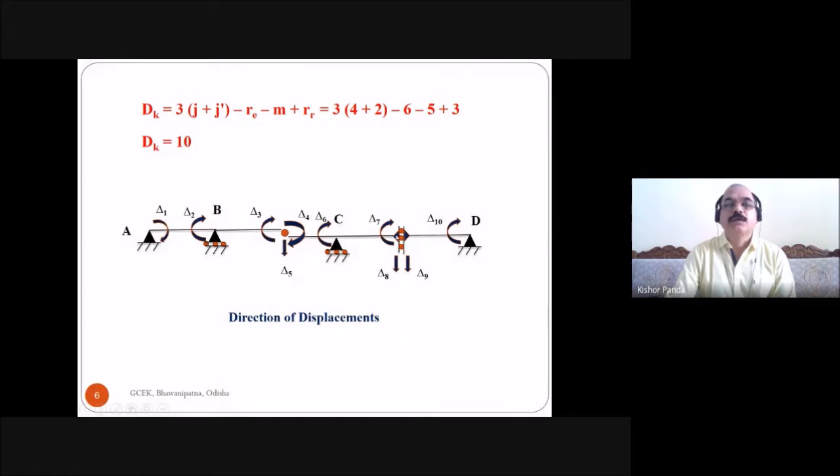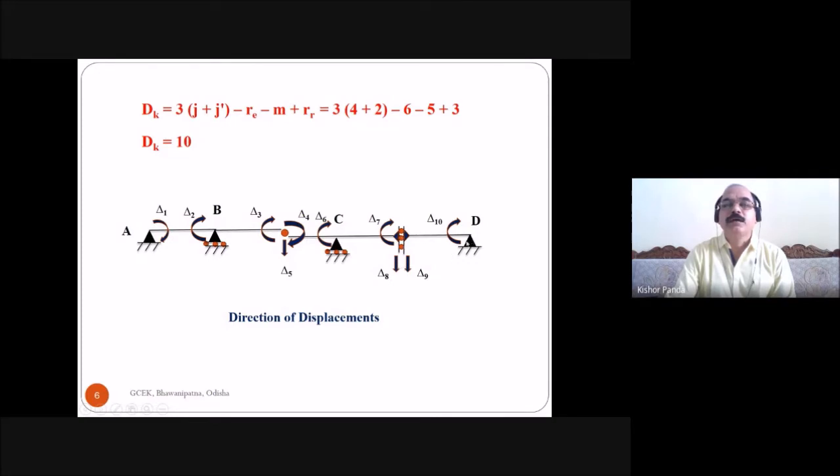Here you see, for this member there is rotational displacement, and in this type of internal hinge connection the vertical displacement you have to consider too. For this member vertical and this member vertical displacement, this type of internal hinge you have to take.